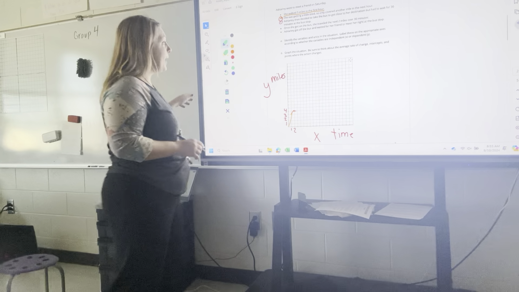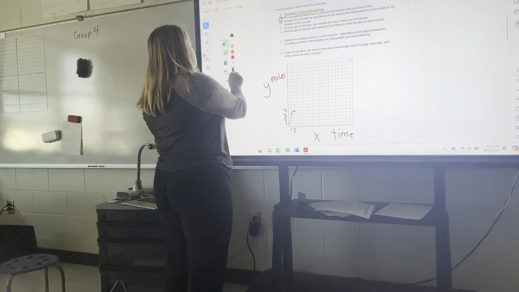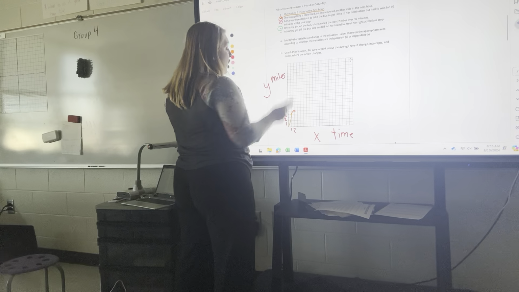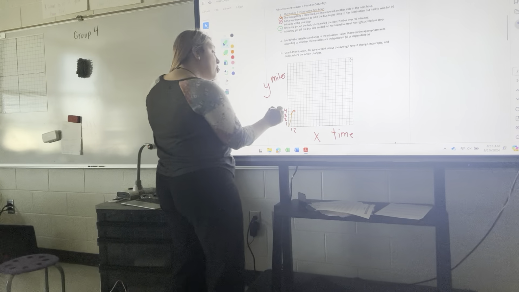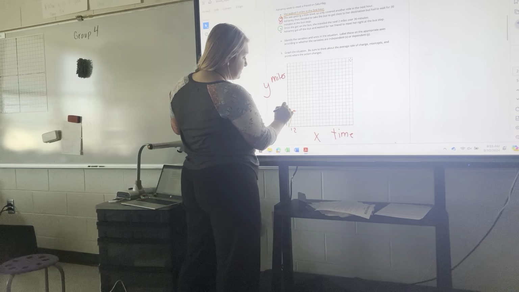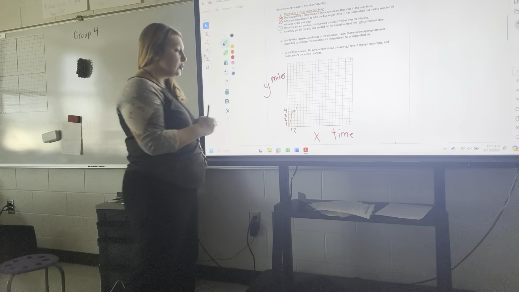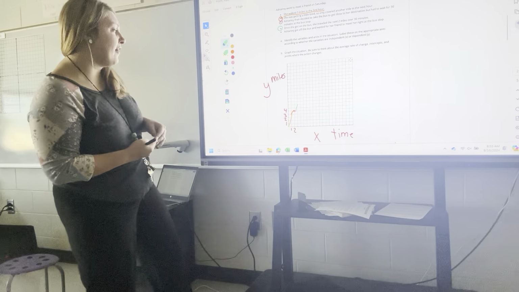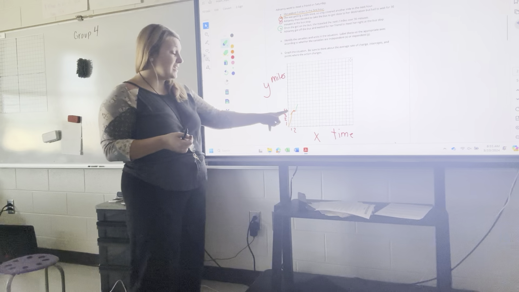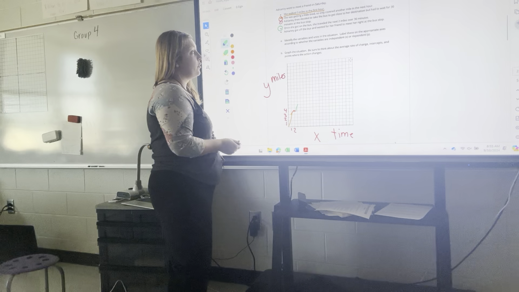Then it says, once she got on the bus, she then traveled 2 miles in 30 minutes. So she's going to go all the way up to 6 in just the rest of this 30 minutes. If you wanted to do your graph in terms of hours, it might be easier to see here, but right now we have it in minutes, so we're there.